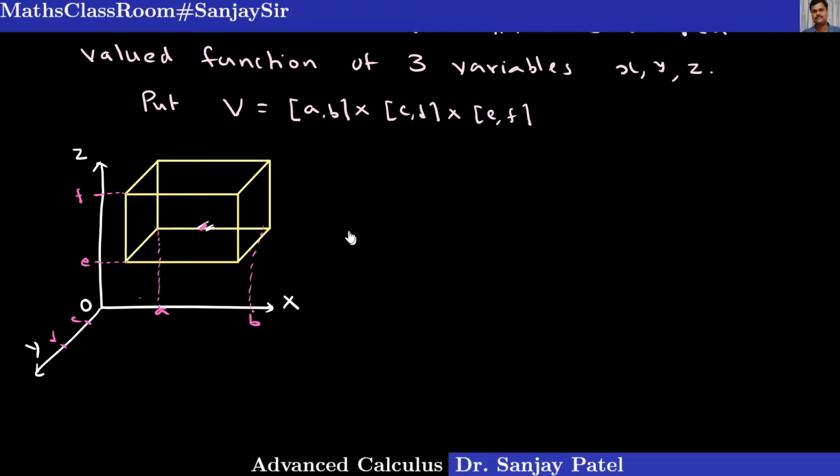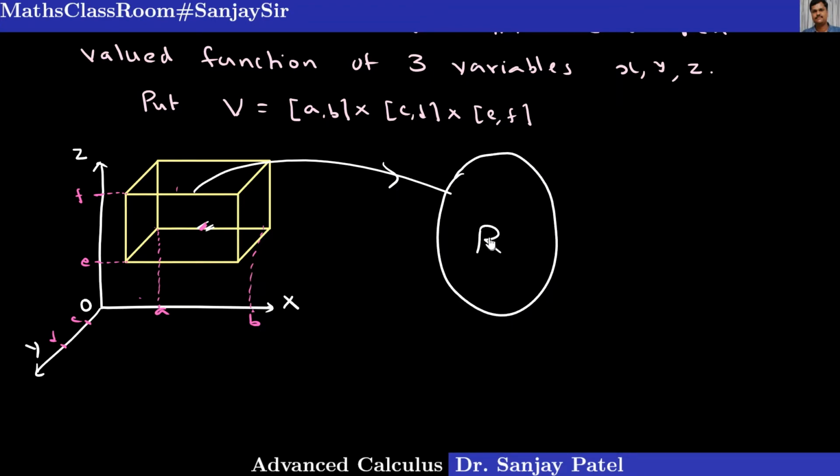Fine. And our function is defined over this volume, and f is a function from this to the set of real numbers. So f is a function from this volume V to R. If you take any point here in this cuboid, say any point x, y, z, then its value under this function is somewhere here, say f of x, y, z. So f is a function of three variables.